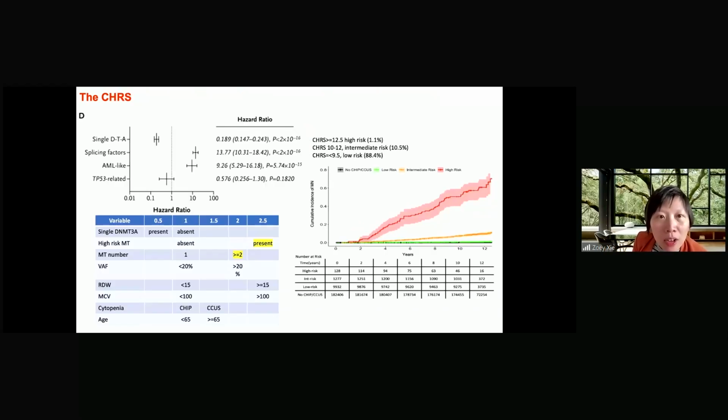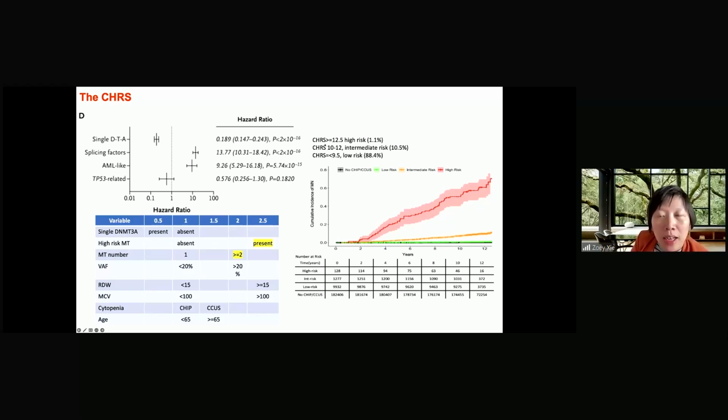This calculator is available online, and you can plug in the risk factors. The risk factors are whether the patient has a single DNMT3A mutation, high-risk mutation, the mutation number, VAF, RDW, MCV, cytopenia, and age, and then it will give us a score and tell us whether the patient is at a high risk or low risk.